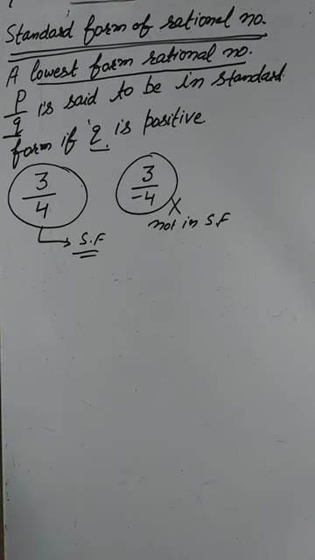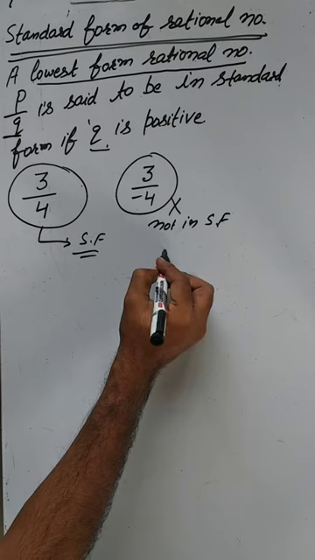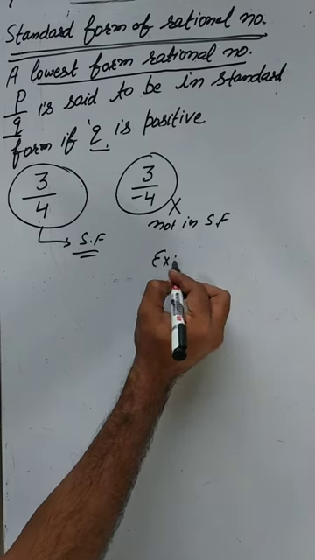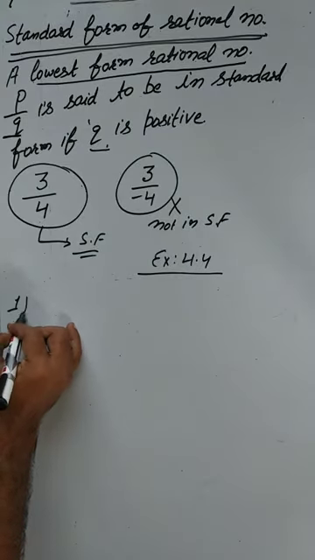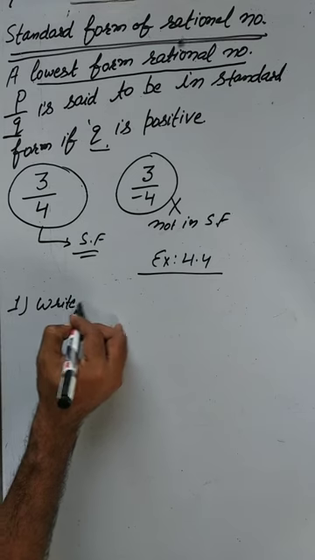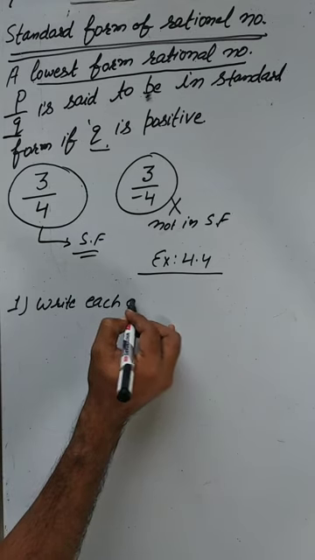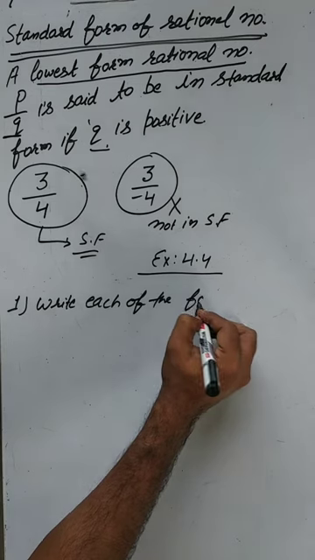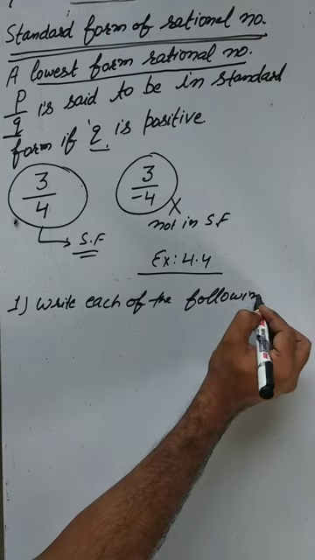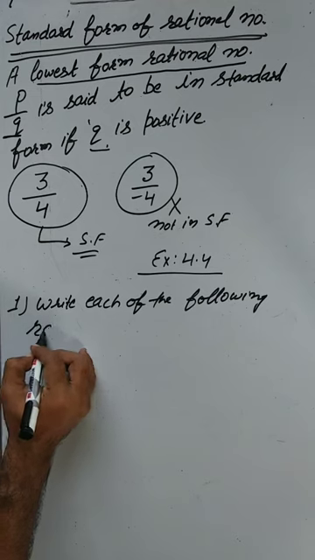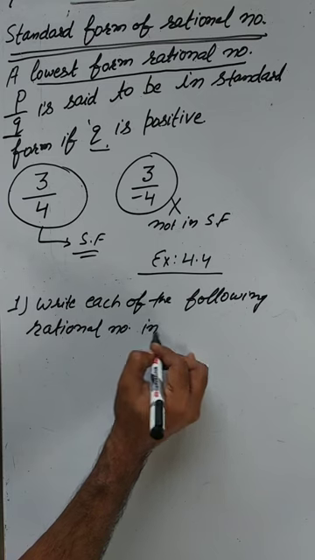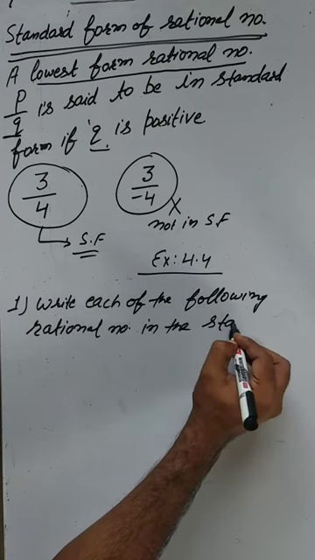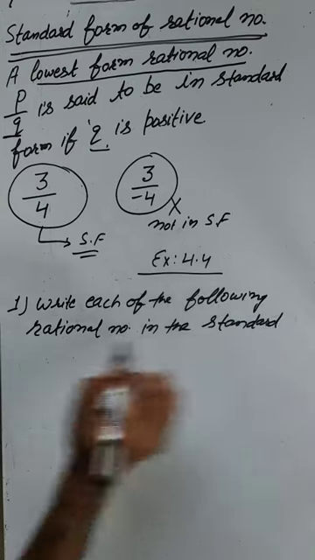Based on this observation, your exercise 4.4, first question, write each of the following rational numbers in the standard form.